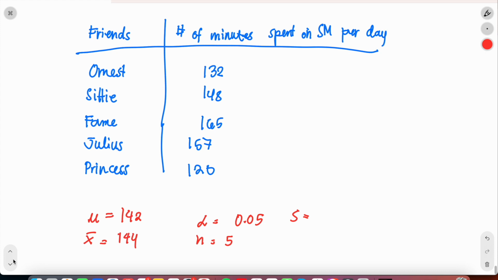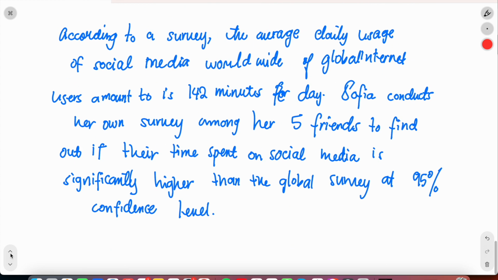For the standard deviation, guys, I think I should have inserted it in the problem here. The average users spend 142 minutes per day. Sophia conducts her own survey among her 5 friends.